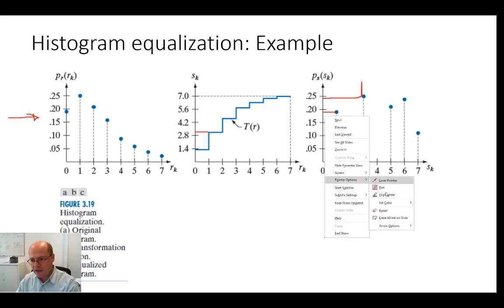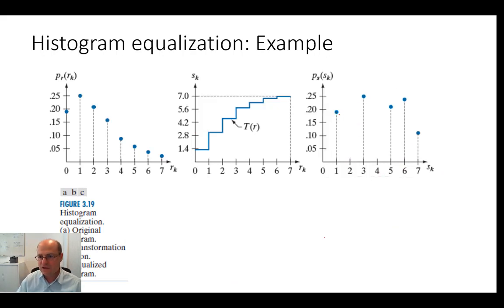We can see that this new histogram is a lot more equalized than the original histogram, where the original histogram has quite a lot of pixels concentrated on the dark side of the image, and not a lot on the bright side, whereas here it is more or less equal, right?